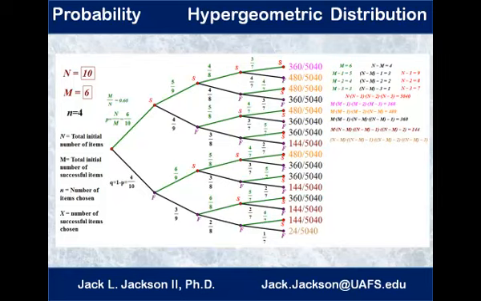So we get 6 times 5 times 4, and then we also have times 4. Every one of those turns out to be the same thing: M times M minus 1 times M minus 2 for the green ones, and for the black part, somewhere along the line, you get capital N minus capital M, and you multiply all those together, and that's your numerator. And of course, once again, just as in the binomial, we have little n choose one of those. In this case, that makes 4 of those.